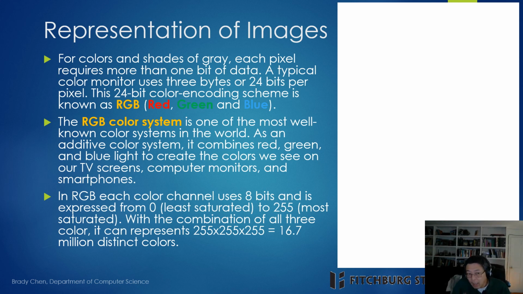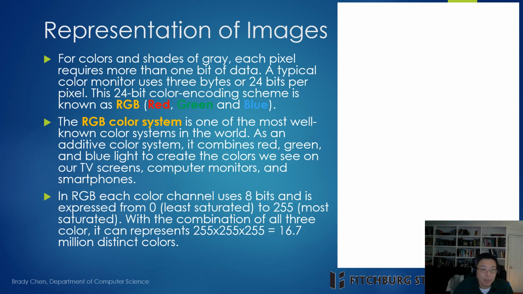For colored images, things are a little more complicated. Each pixel requires more than 1 bit of data. A typical color monitor uses 3 bytes, and each byte equals 8 bits, so we use 3 bytes or 24 bits per pixel.